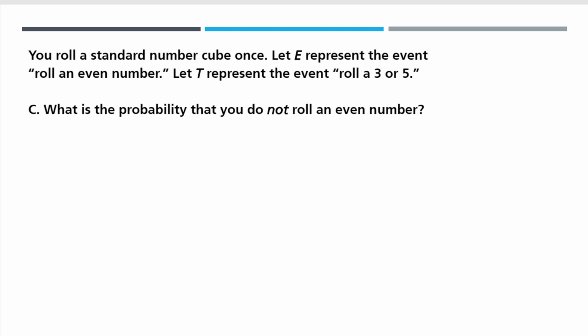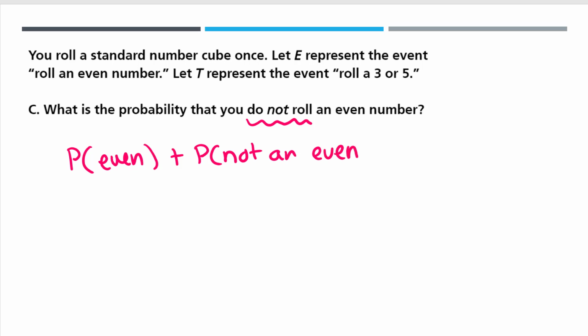What is the probability that you do not roll an even number? So this is our complement question. So think of it this way. The probability that we roll an even plus the probability that it's not an even has to be equal to 1.